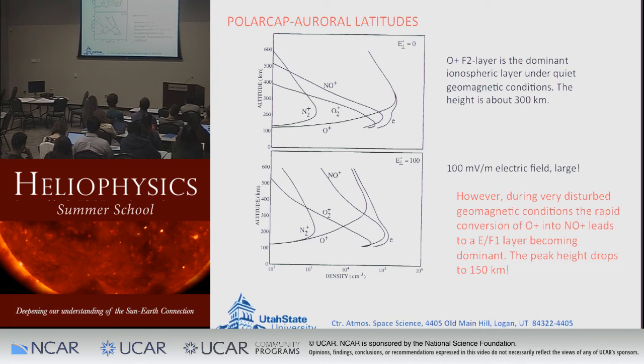O+ has gone from this to this, and this would be in tens of minutes or less. And what's happened is the first step is that the O+ recombination rate, it's not so much the recombination rate, but it's the conversion rate to NO+, the chemistry that occurs. That when you heat up the gas, the NO+ enhances and the O+ decreases.